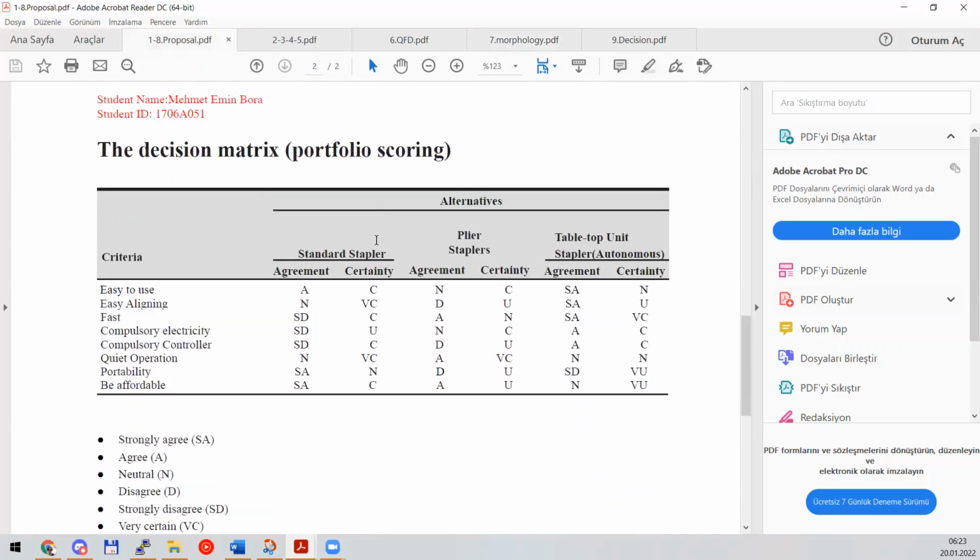This is our decision matrix. We separated the criteria and alternatives as standard stapler, clear staplers, and tabletop units. This is our criteria: easy to use, easy aligning, fast, compulsory electricity, compulsory controller, quiet operation, portability, and being affordable.